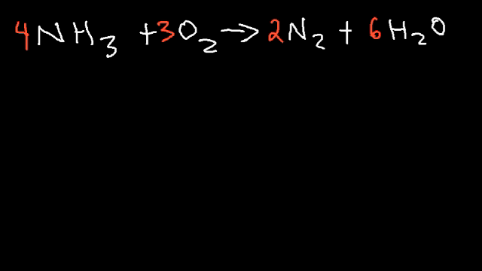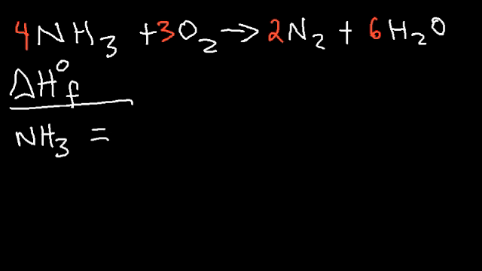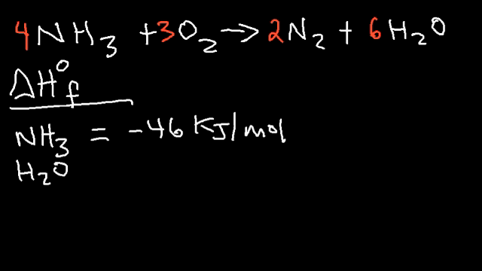Now let's say that you're given the standard heat of formation for NH3, and let's say for NH3 it's negative 46 kilojoules per mole, and for H2O, let's say it's a negative 286 kilojoules per mole.